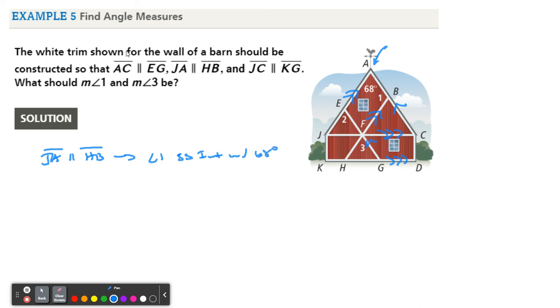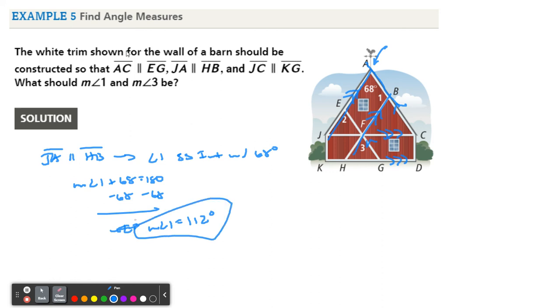Because here I have parallel lines, and here's my transversal. So to find the measure of angle 1, I would just simply add it to 68, and that would be 180. I'm going to subtract 68 on both sides, and the measure of angle 1 would be 112 degrees. Okay, there we go.